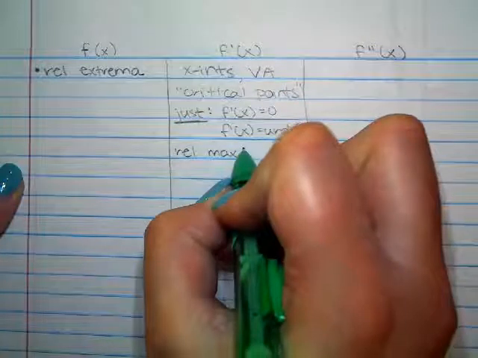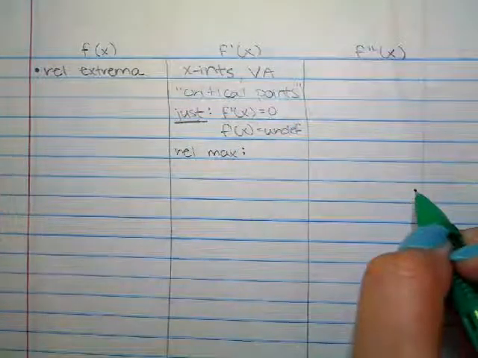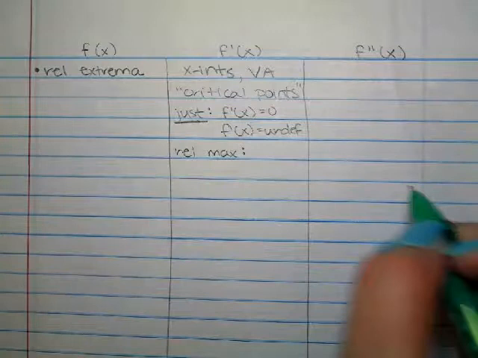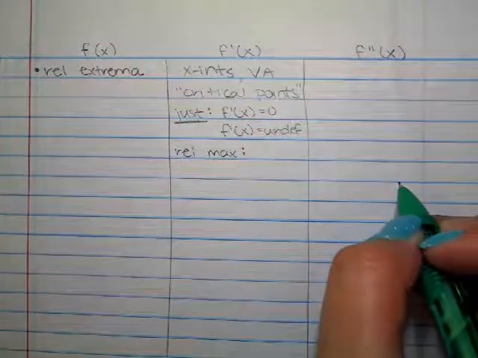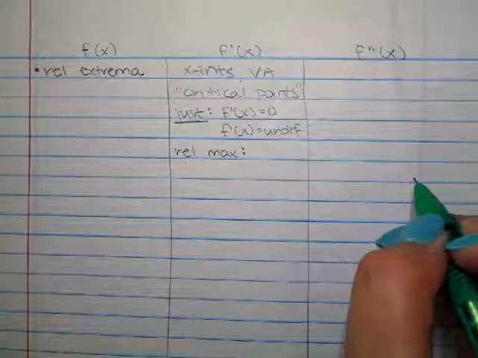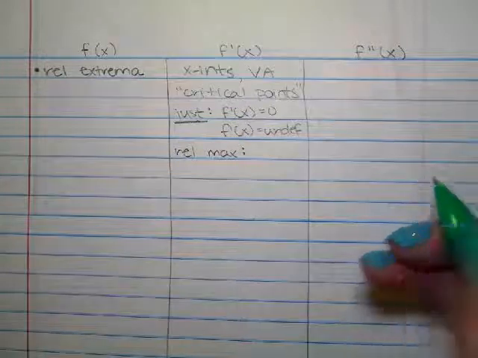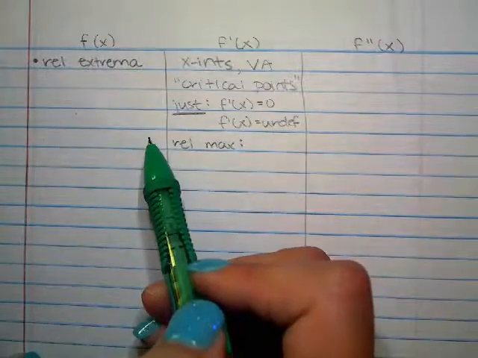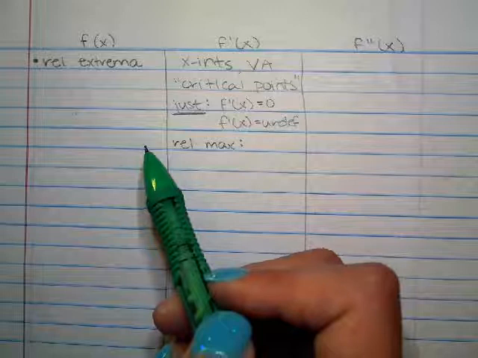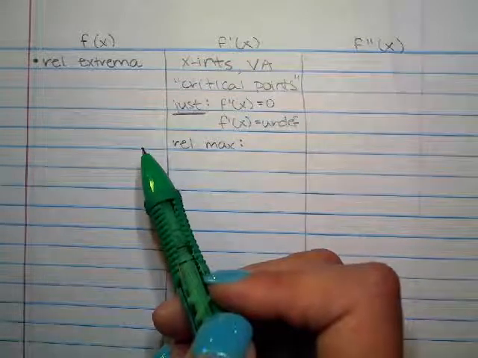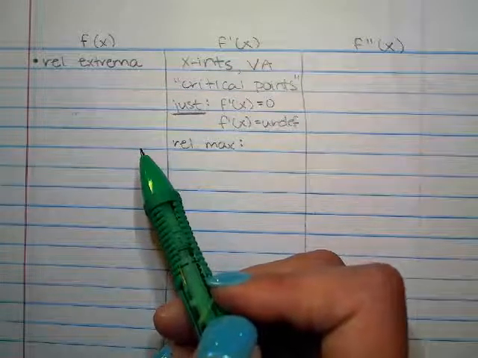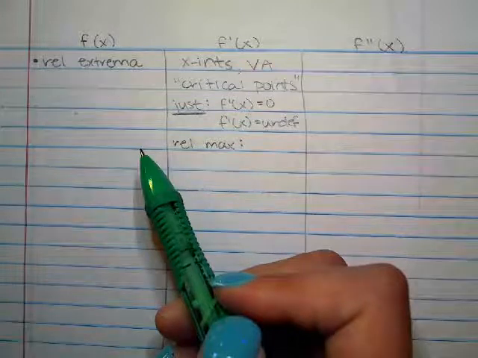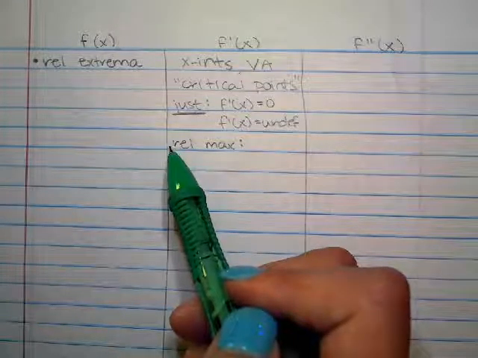Okay. Underline justification. Whenever you have a relative max, here is your justification that is appropriate for writing on an FRQ. Okay? You can say something like f prime switched from, what are the signs on the sign chart to show a relative max? Positive to negative.